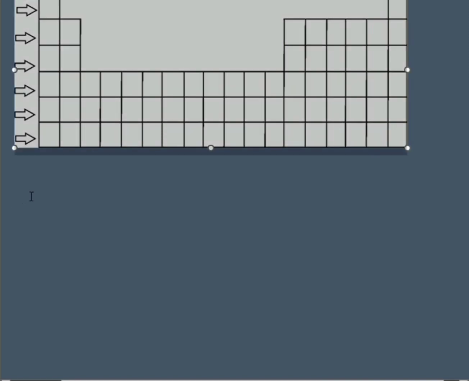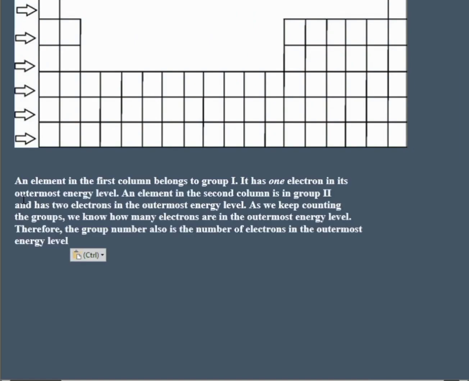As we keep counting the groups, we know how many electrons are in the outermost energy level. Therefore, the group number is also the number of electrons in the outermost energy level. Once you know the group number, you know the electrons in the outermost energy level.